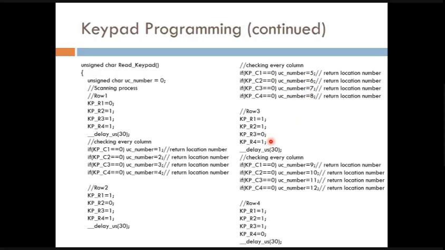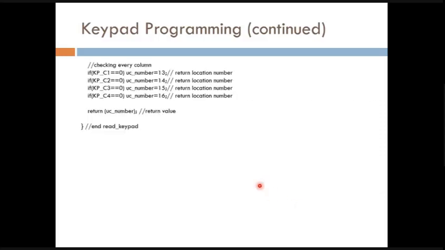And then for row 3, do the same thing, but the return number will be different: 9, 10, 11, 12. So the return number will be different again, and then you do that up to the final row. You can see here the return number is 16.